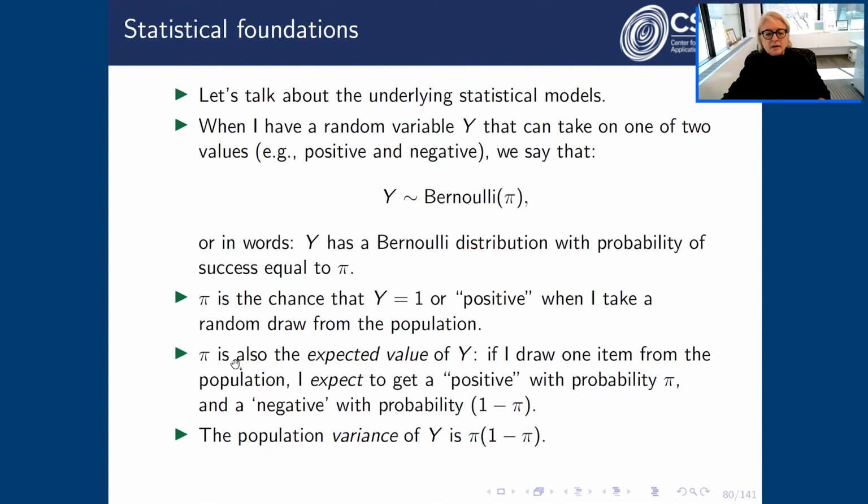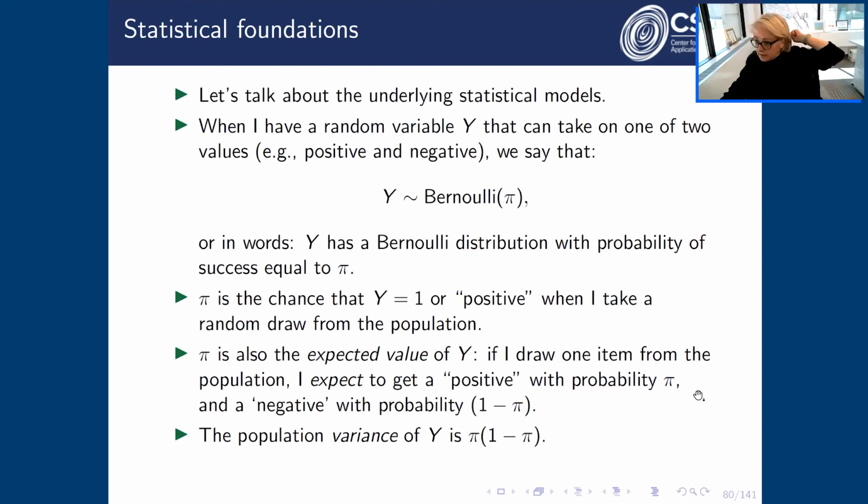Pi is also called the expected value of Y. Why is it the expected value of Y? Well, for exactly the same thing I just said. If I stick my hand into the bag and I know that a proportion pi of those balls are positive, what do I expect?